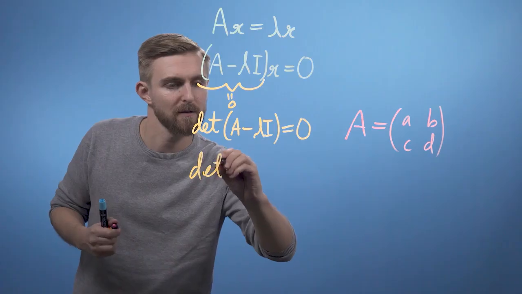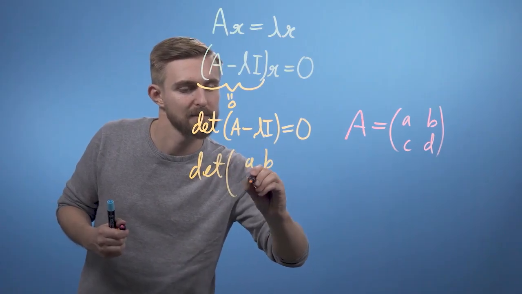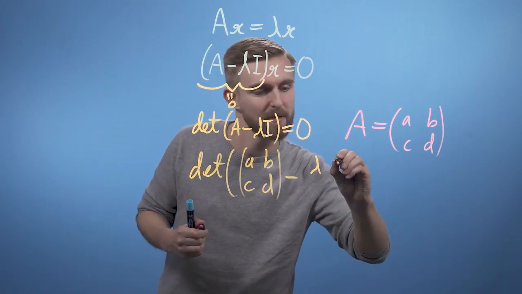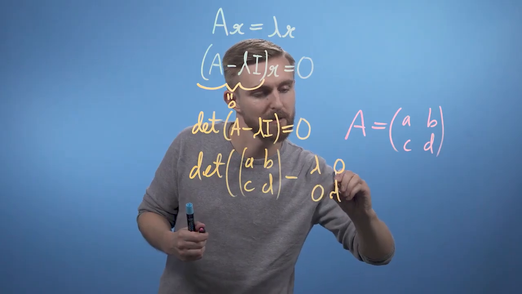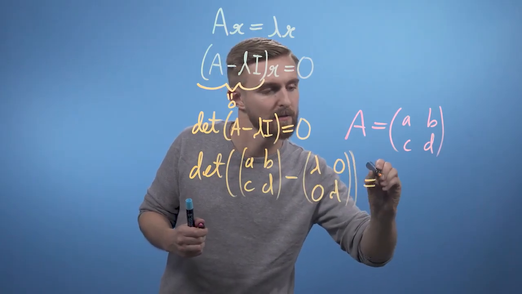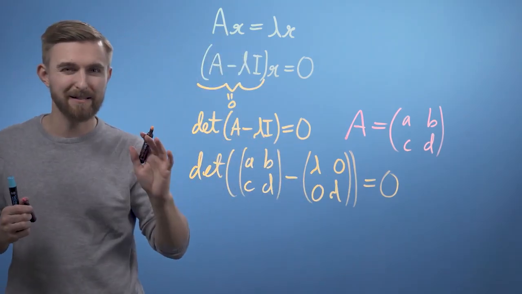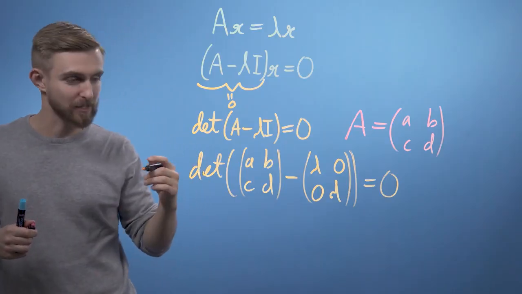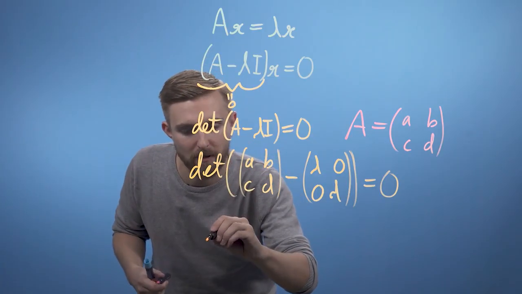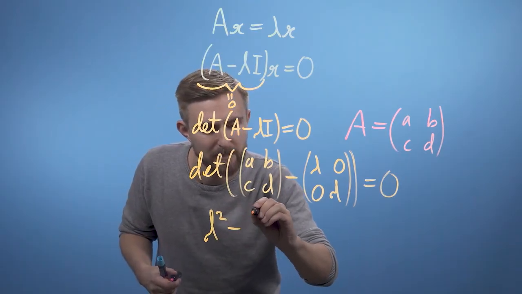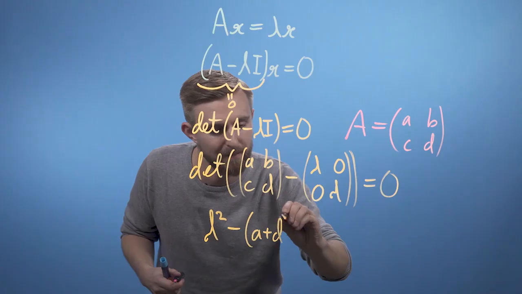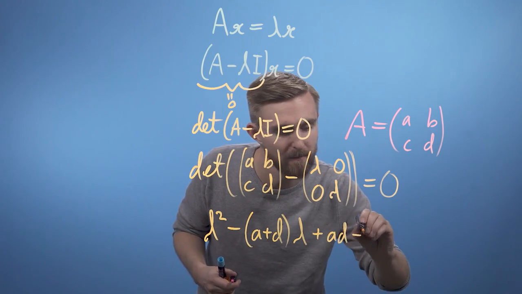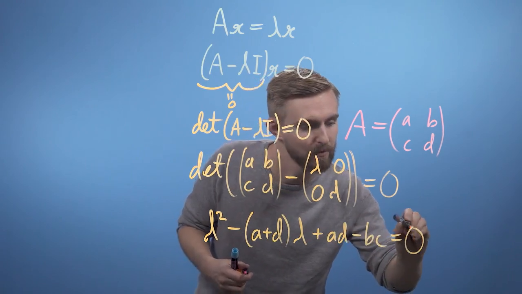Det of (a, b, c, d) minus lambda (lambda, 0, 0, lambda). Evaluating this determinant, we get what is referred to as the characteristic polynomial, which looks like this. So, lambda squared minus (a plus d) lambda plus (ad minus bc) equals 0.